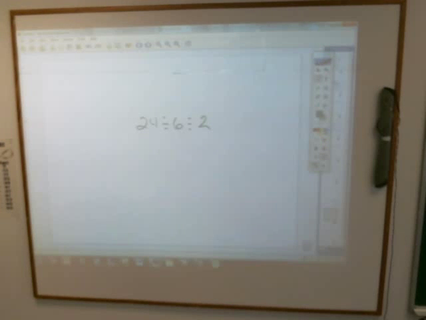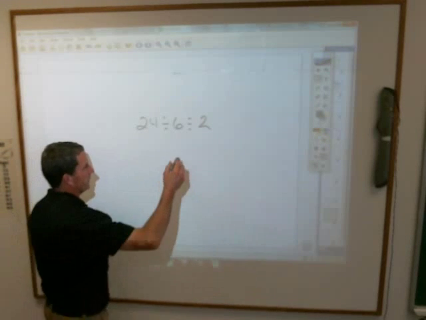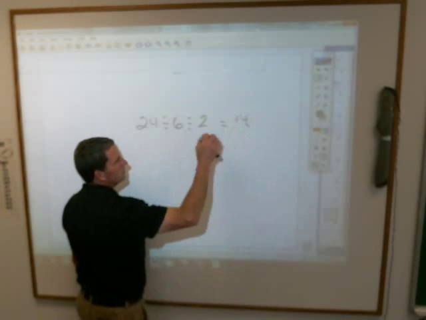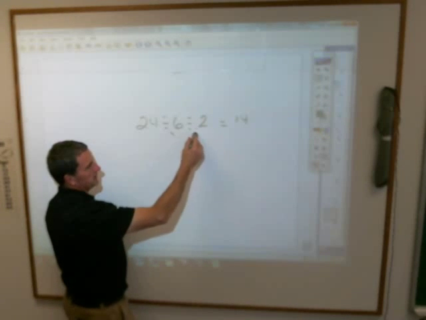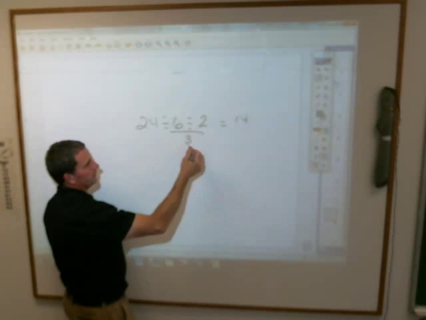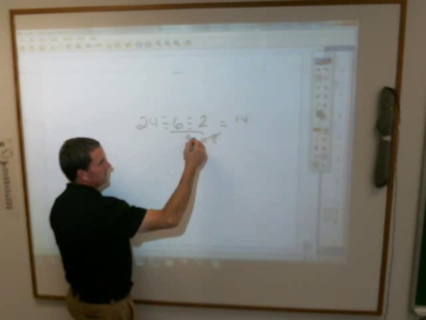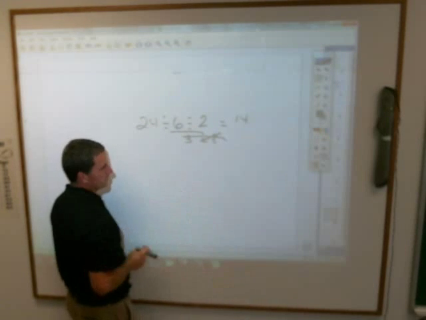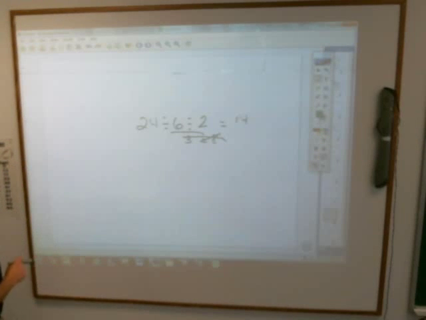Wayne Davis says 2. That is correct. You can't do this part first. You can't say 6 divided by 2 is 3 and 24 divided by 3 is 8. You have to follow order of operations and work from left to right. So just make sure you do that. We will get into more complicated problems a lot later in your lifetime, but for right now.